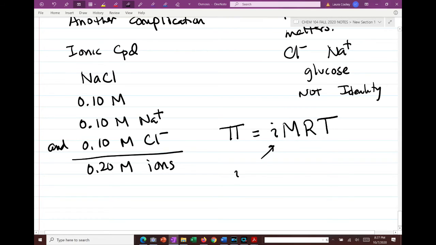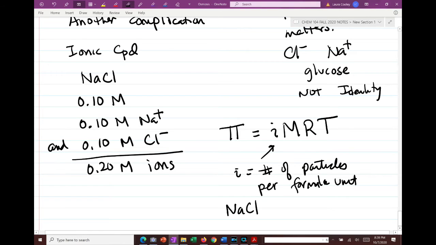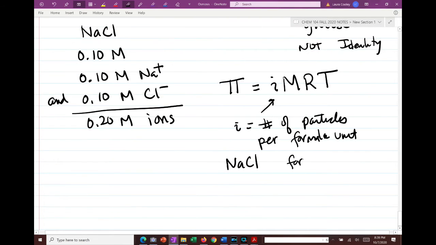where i is the number of ions. Well, I should say the number of particles per formula unit. So if you remember, NaCl is not a molecule, right? It's a formula unit.